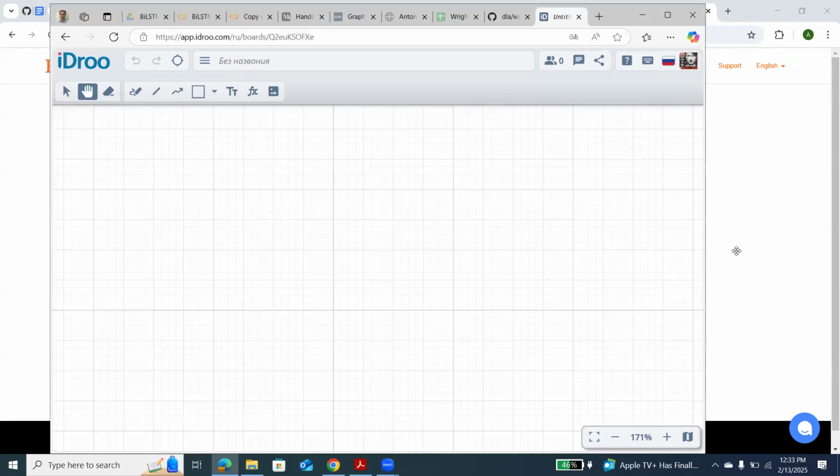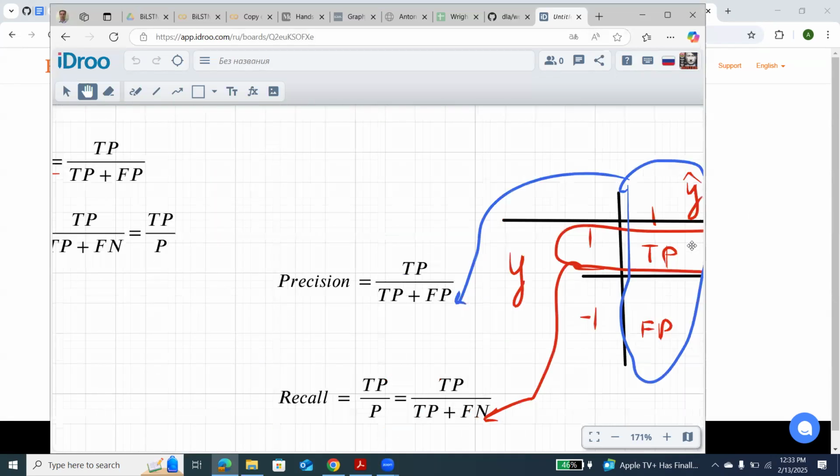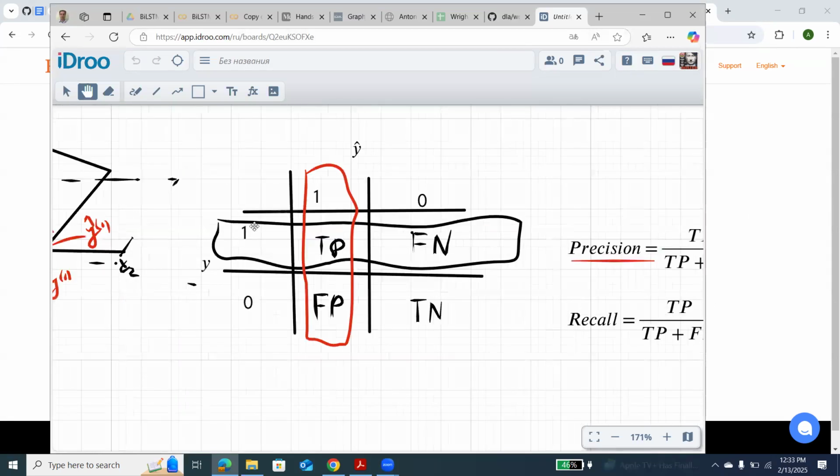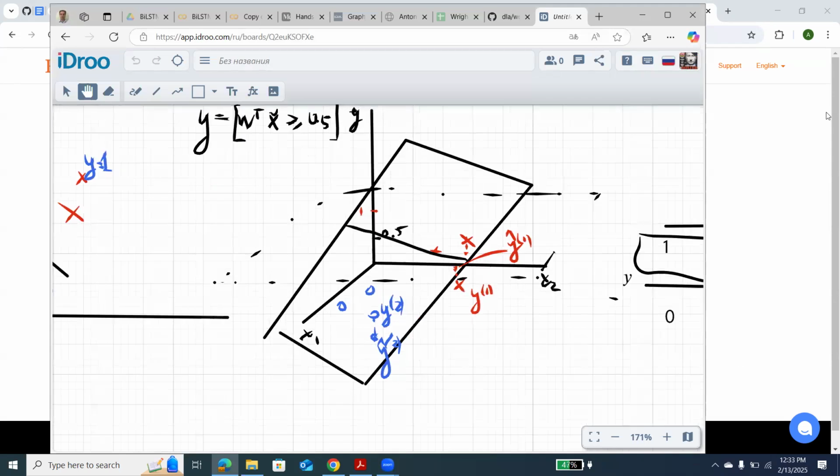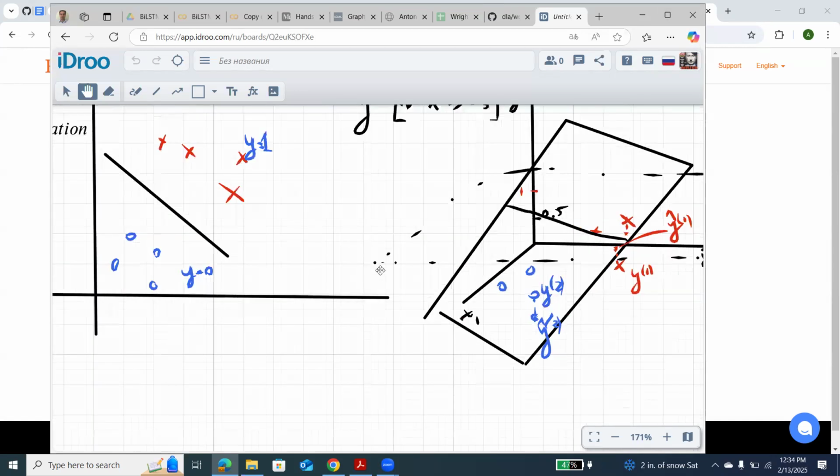Okay, so last time we talked about the notion of margin, and as you remember, this margin was positive for correct classifications and negative for incorrect.